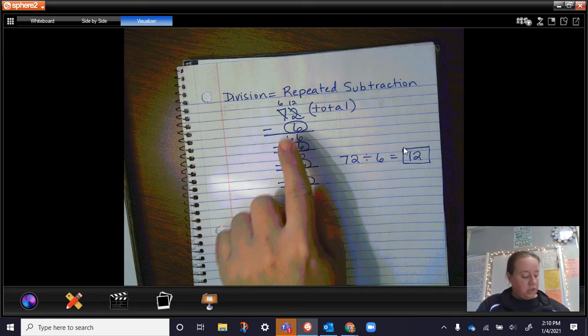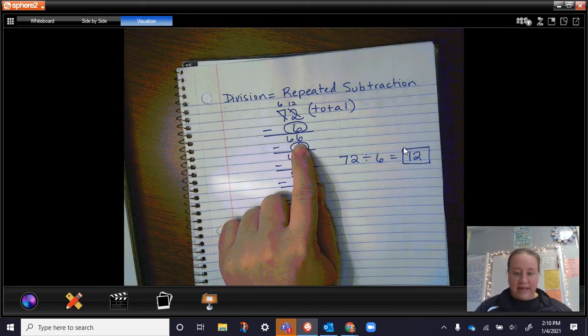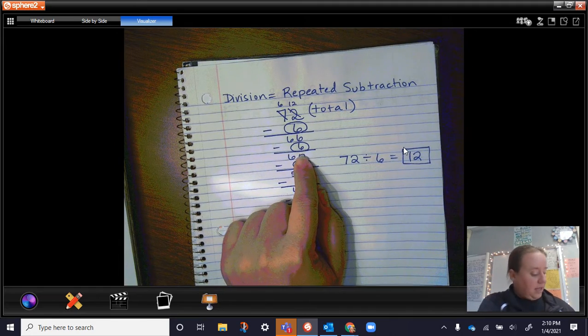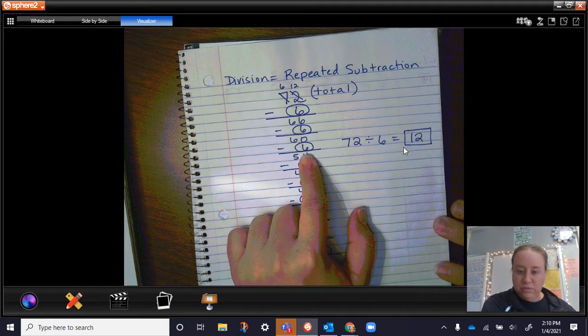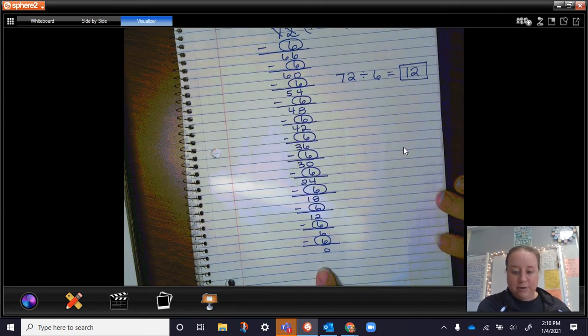So here we started off with our 72, that was our total, and then we removed those groups of 6. So we took 72, we subtracted 6, we still had an amount in our total, so we kept taking away groups of 6, all the way till we got to 0.